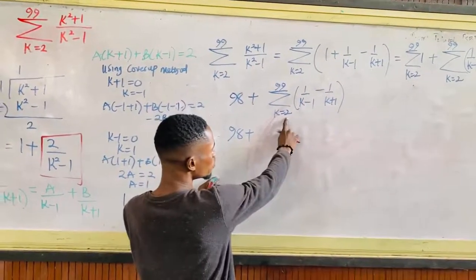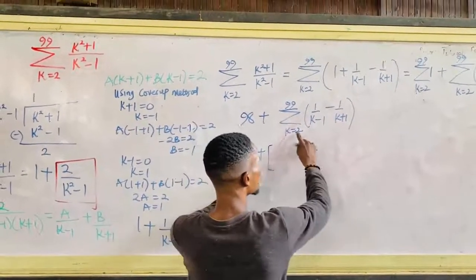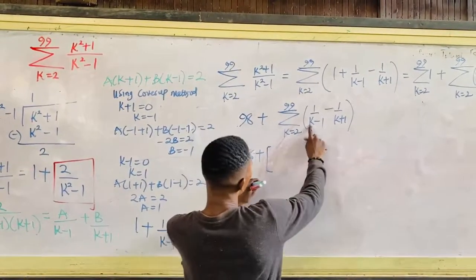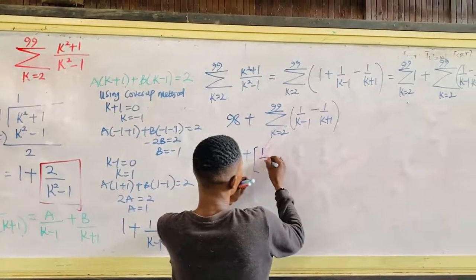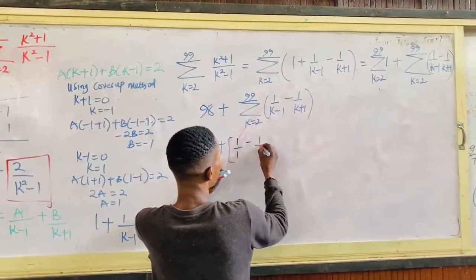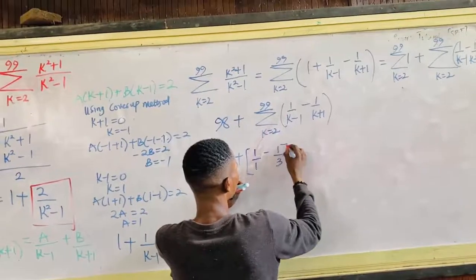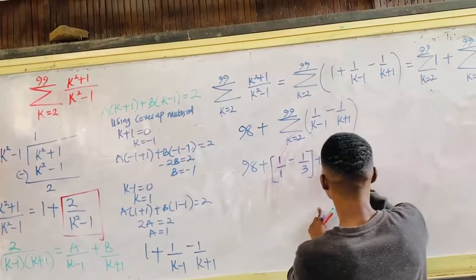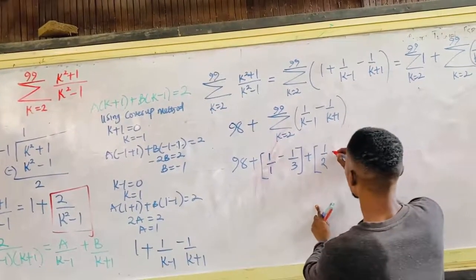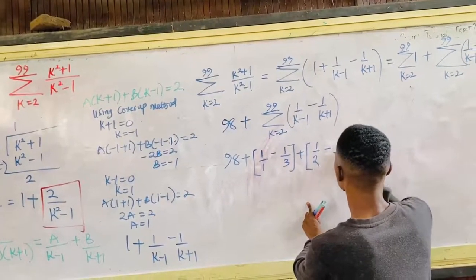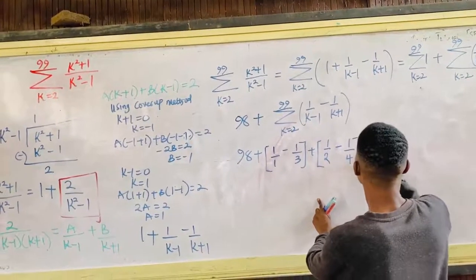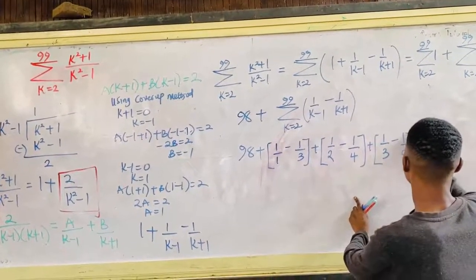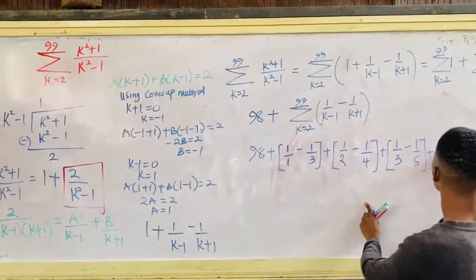Starting from 2, let's take the first 3 terms. When k is 2, that's 1 over 1 minus 1 over 3. Plus, when k is 3, that's 1 over 2 minus 1 over 4. When k is 4, that's 1 over 3 minus 1 over 5. That's the first 3 terms.